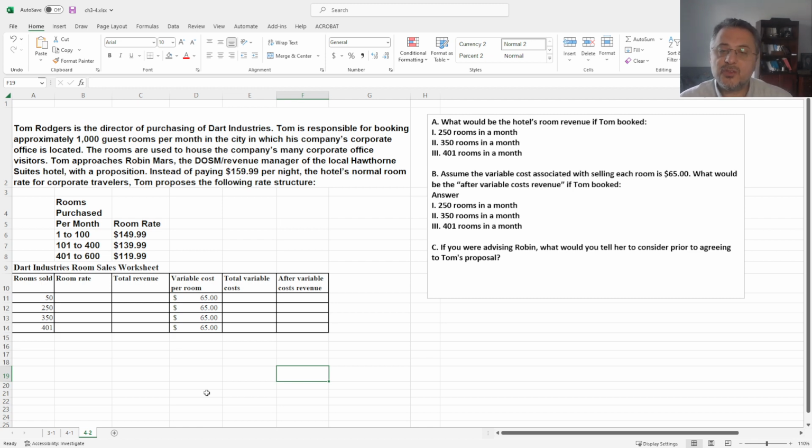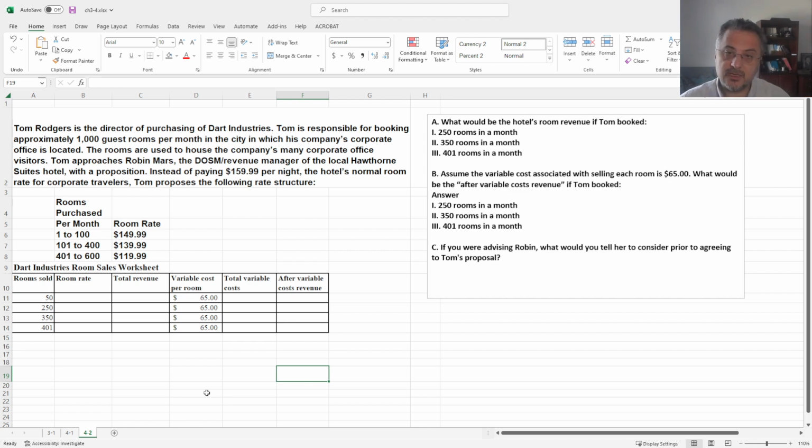Tom Roger is the director of purchasing of Dart Industries. Tom is responsible for booking approximately 1,000 guest rooms per month in the city in which his company's corporate office is located. The rooms are used to house the company's many corporate office visitors. Tom approaches Robin Mars, the director of sales and revenue manager.